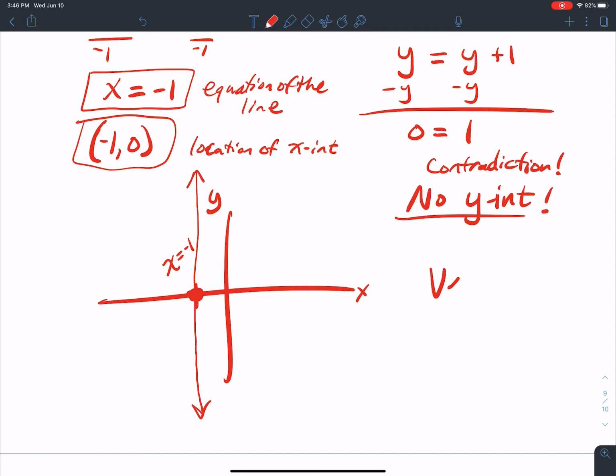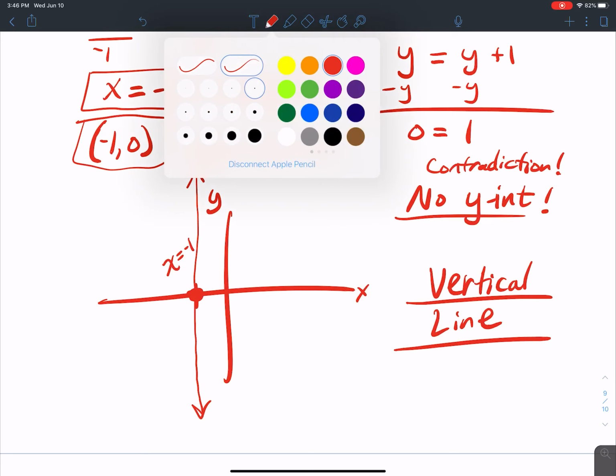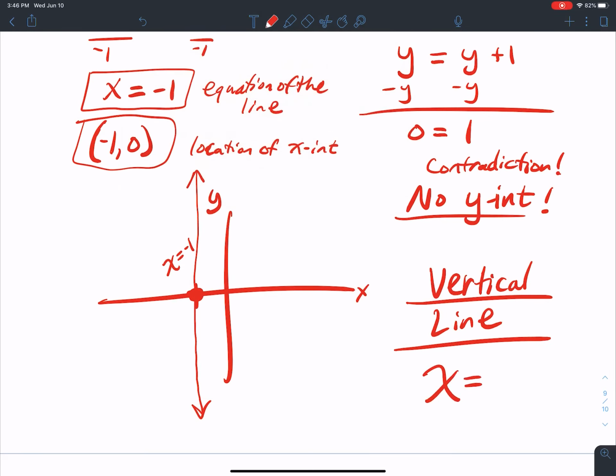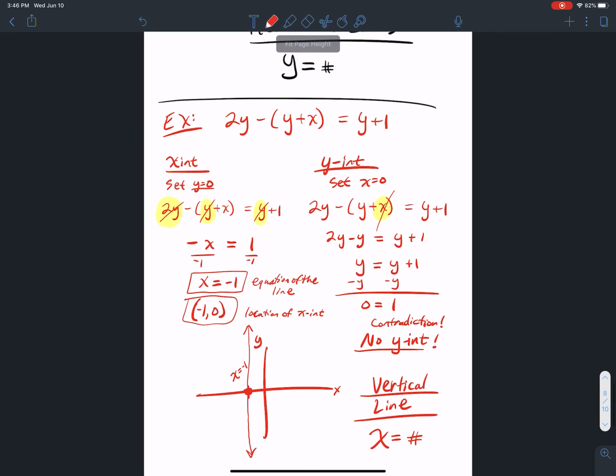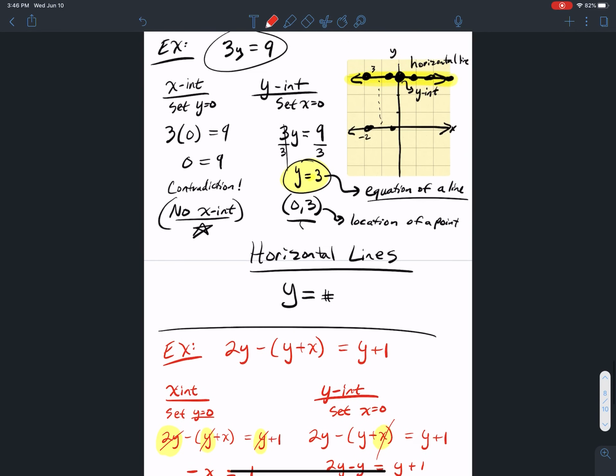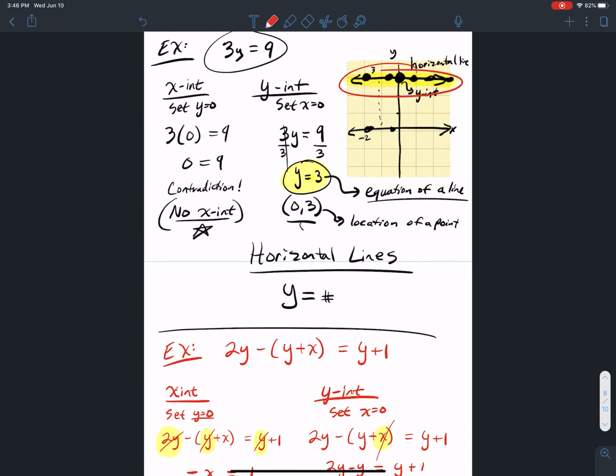So in general, a vertical line is of the form x equals some number. Okay, x equals some number. Earlier we found that if it was a horizontal line, we had y equals a number.